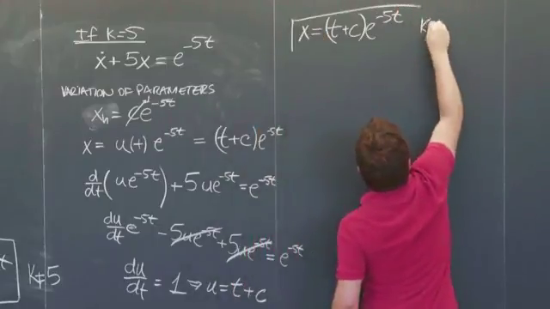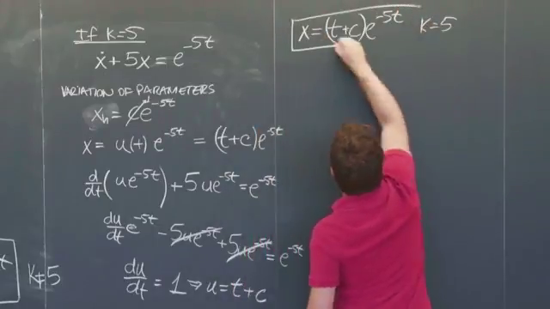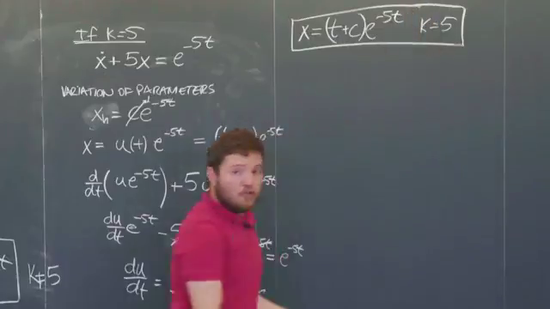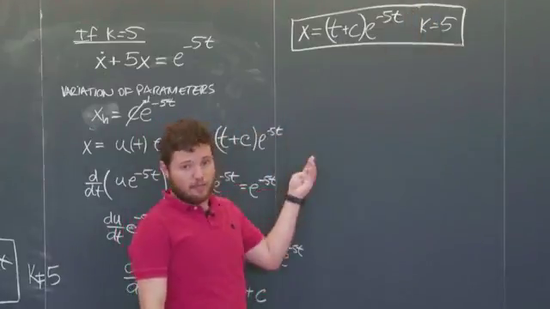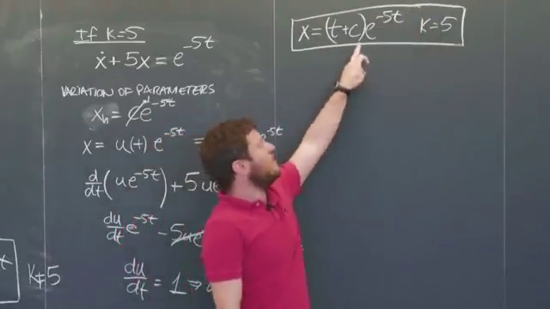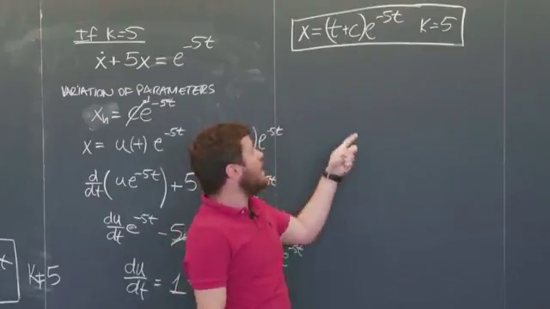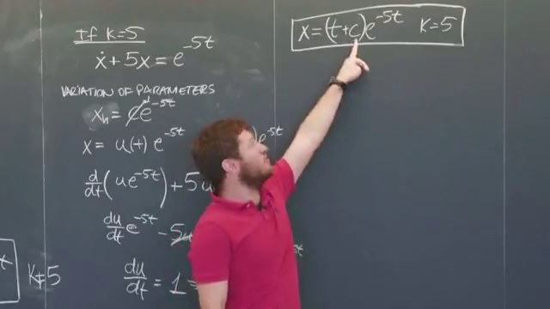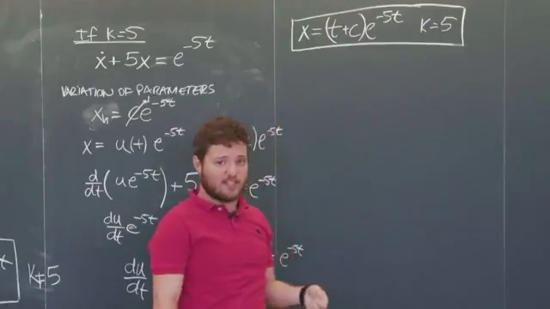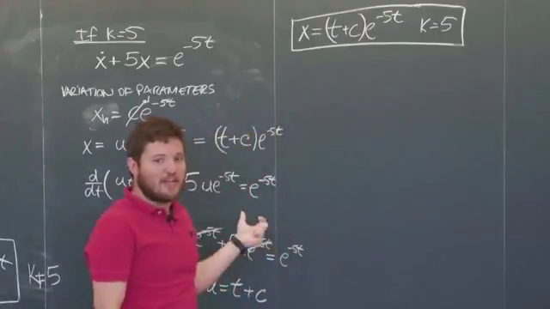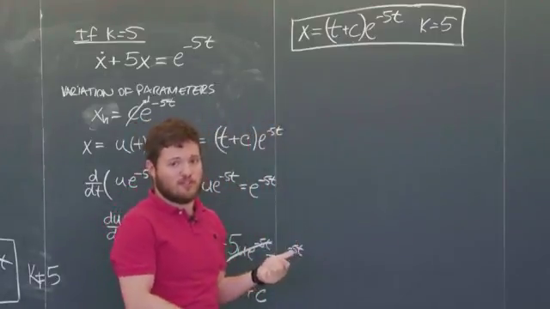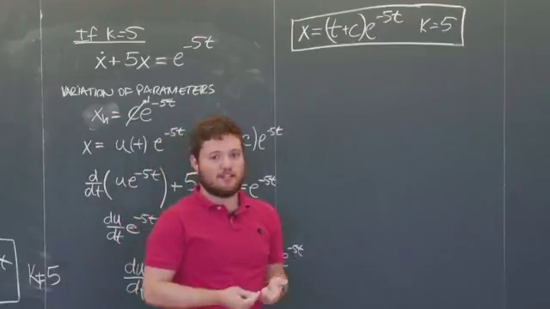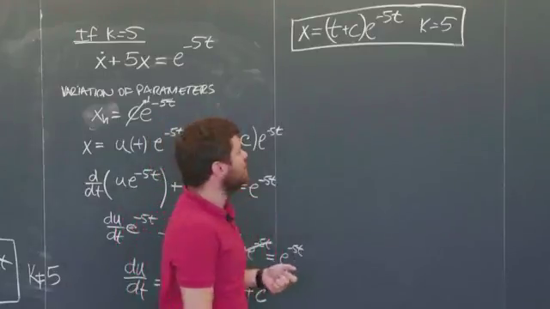And this is true when k is equal to 5. Note that this part contains a particular solution, t e to the minus 5t, as well as the homogeneous solution, c e to the minus 5t. So by using the method of variation of parameters, we got both solutions at the same time. That's a nice feat of the method of variation of parameters.